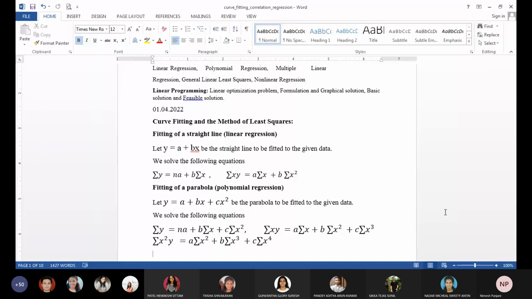For the second equation, multiply the parabola equation by x and then add it n times, and you will get the second equation. For the third equation, you multiply by x² and then add it, and you get the third equation.